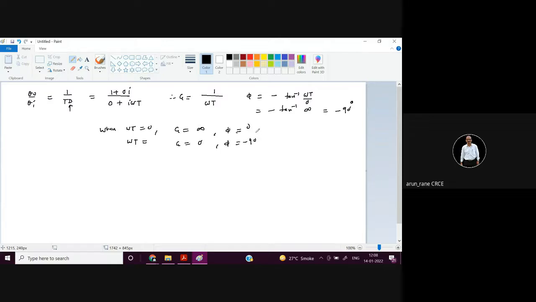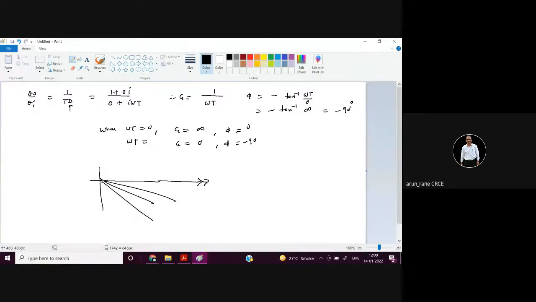So now you have to plot this graph. Phi is 0 and G is infinity. Then when phi is minus 90, you draw various values of phi, and G is going to become 0.